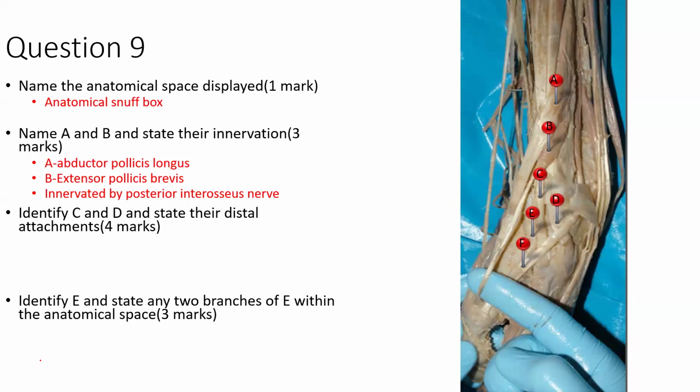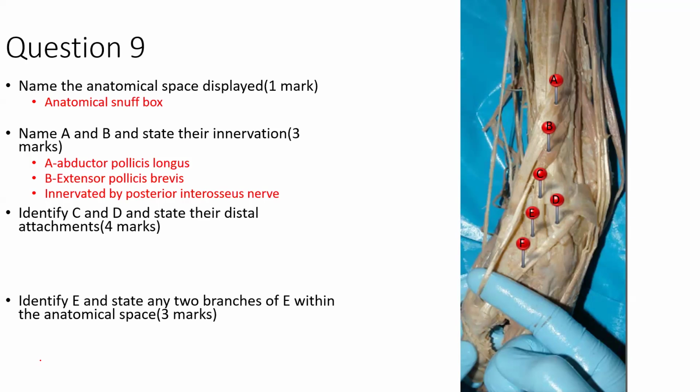So C is extensor carpi radialis longus, according to some. Others say it is brevis. So is it longus or brevis?